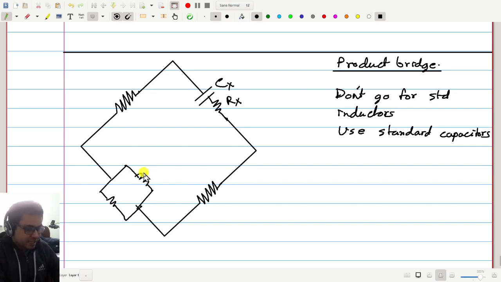Compared to that, it is possible to make a pure capacitor, because we can have near perfect insulation. So also in laboratories, standard value inductors are often not available. As long as possible, avoid using standard value inductors. So design a bridge without using inductors.